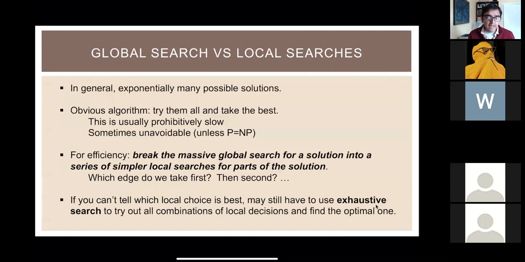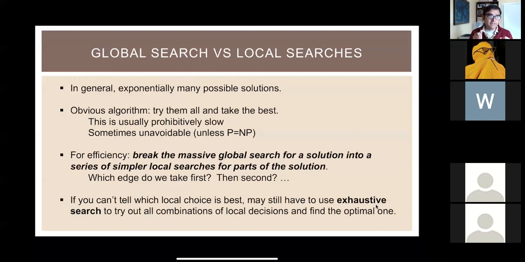And this is going to be a typical approach for solving optimization problems. We have these exponentially many structures, or these exponentially many possible outputs. We want to find the best output. Rather than looking at these outputs, which are paths or cycles or trees, as these monolithic structures, we're going to build them up piece by piece.